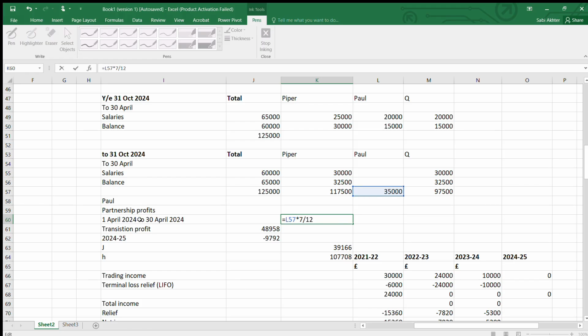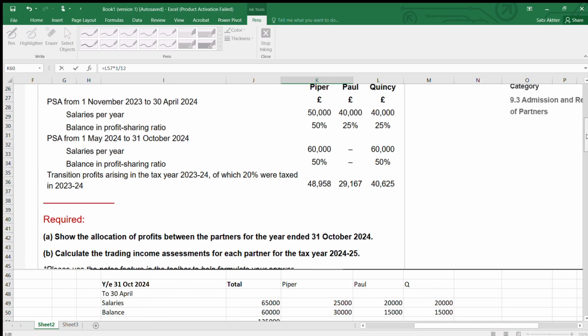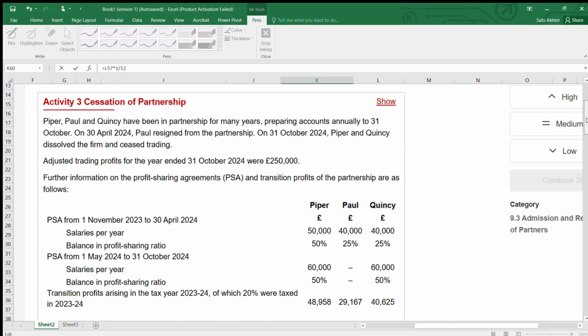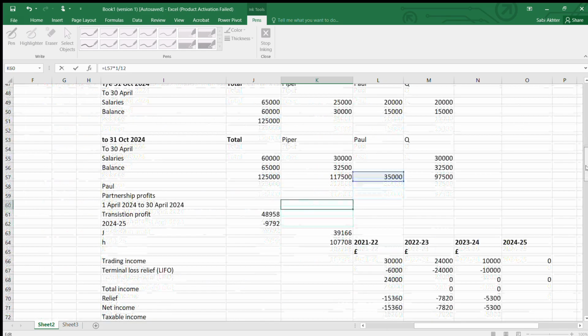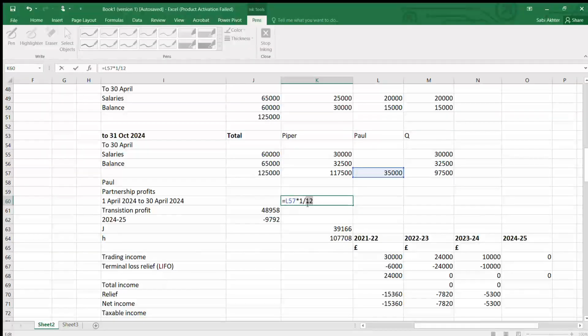Only 1 month, from 1st April to 30th April. And how many months did he work for? From April to October. So May, June, July, August, September, October, 6 months. So total is 6 months.